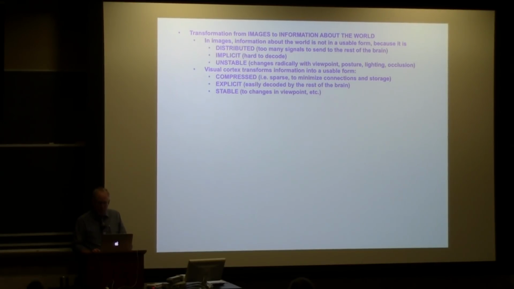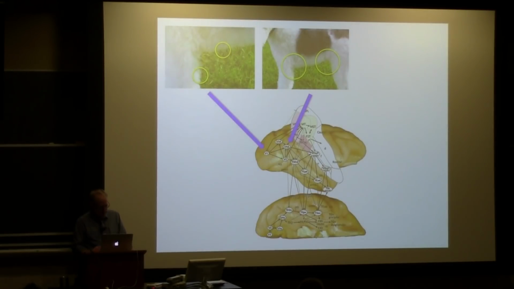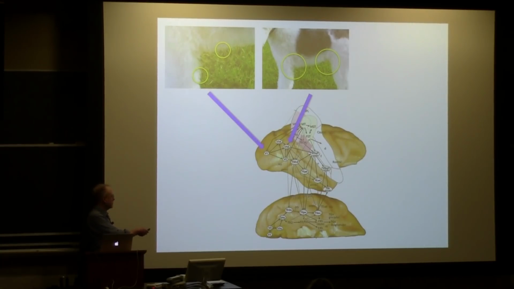And we talked about the visual system through primary visual cortex, or V1, and we talked briefly about the dorsal pathway. And today we're going to talk about the ventral pathway. Specifically, we're going to talk about a couple of stages in the ventral pathway.